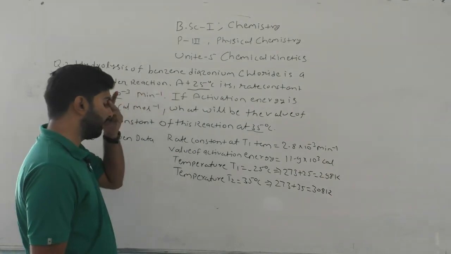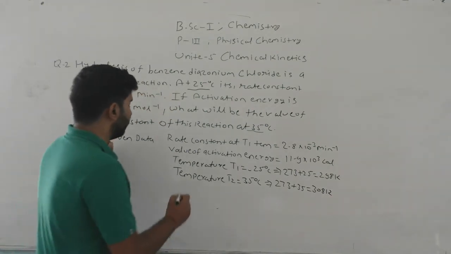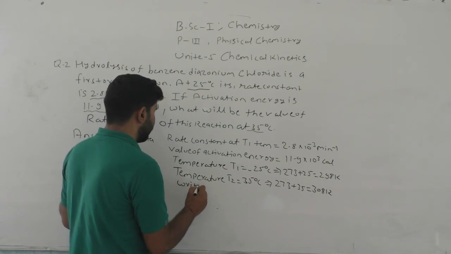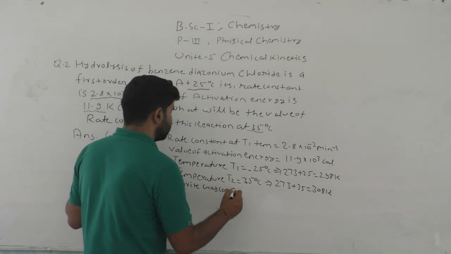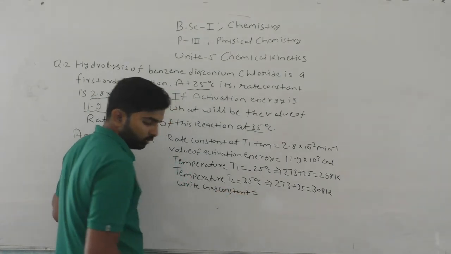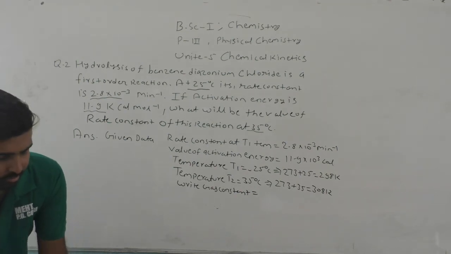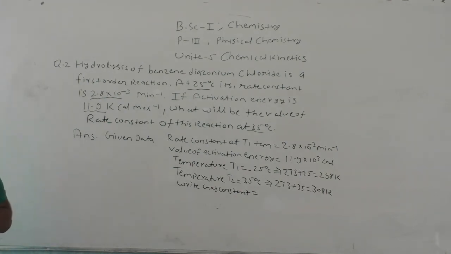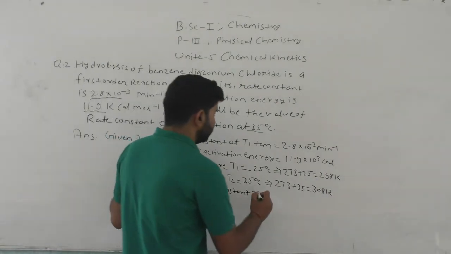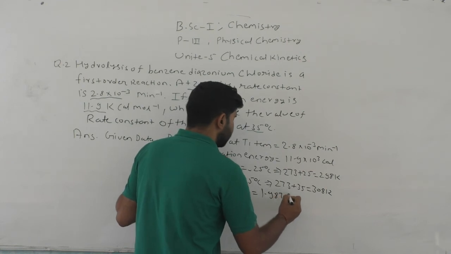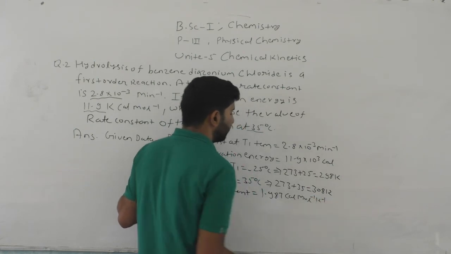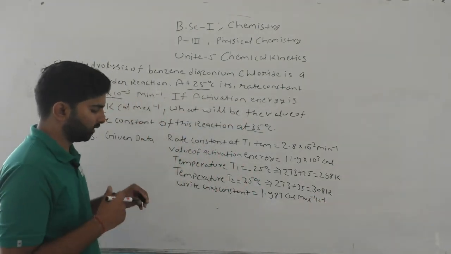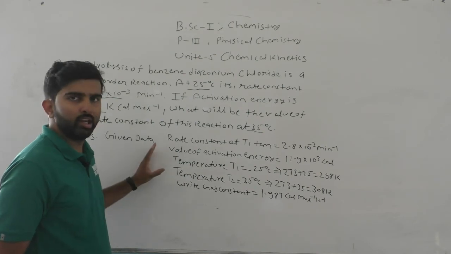So, these are the given data. We can also write gas constant equals 1.987 calorie per mole per Kelvin. So, these are the given data for this numerical problem.